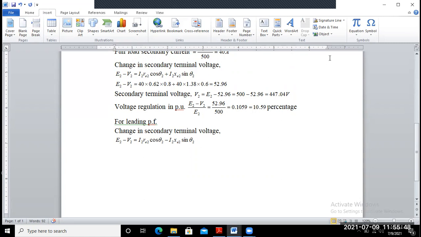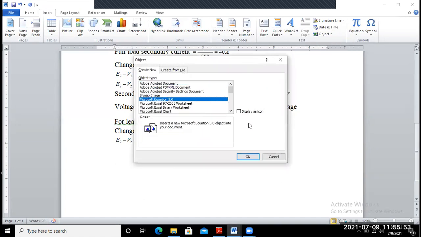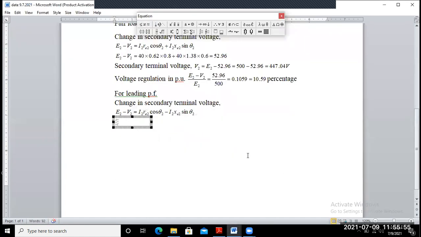So the change in voltage, E2 minus V2, equal to I2, which is 40 amperes. So 40 into Re2, which is again the same, that means 0.62.